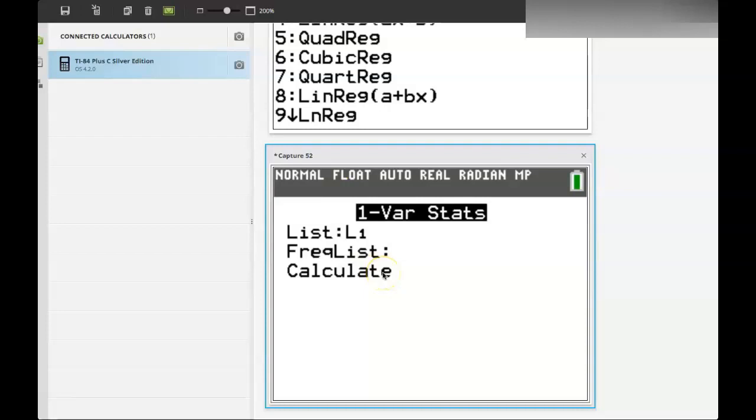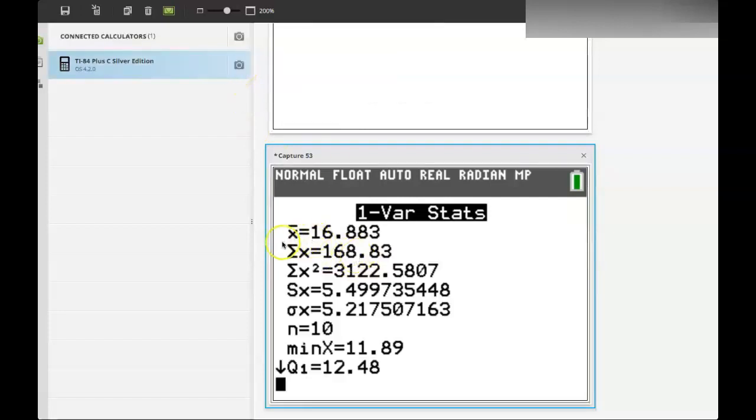So we have this. Here it is based on L2, so I shouldn't have L1 here, I should have L2. But let's find both of these. First I'm going to find X bar. We don't need that one, but let's find it. So here X bar is 16.883.